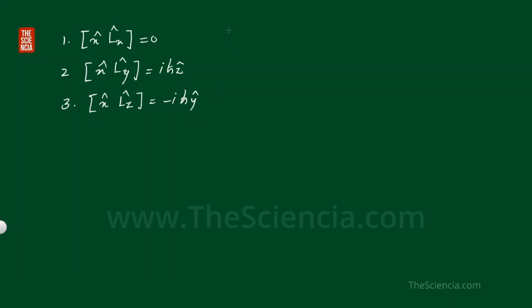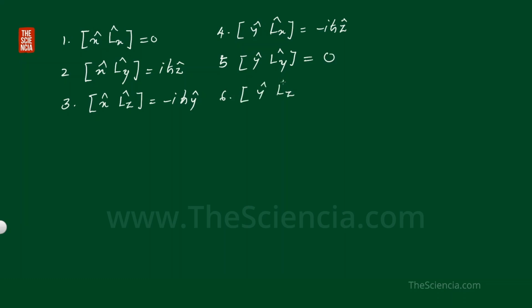And if you solve for other combinations, that is y cap L x cap, then you will get minus i h cross z cap, and if you solve for y cap L y cap, then you will get this is equal to 0, and if you solve for y cap L z cap, you will get i h cross x cap.